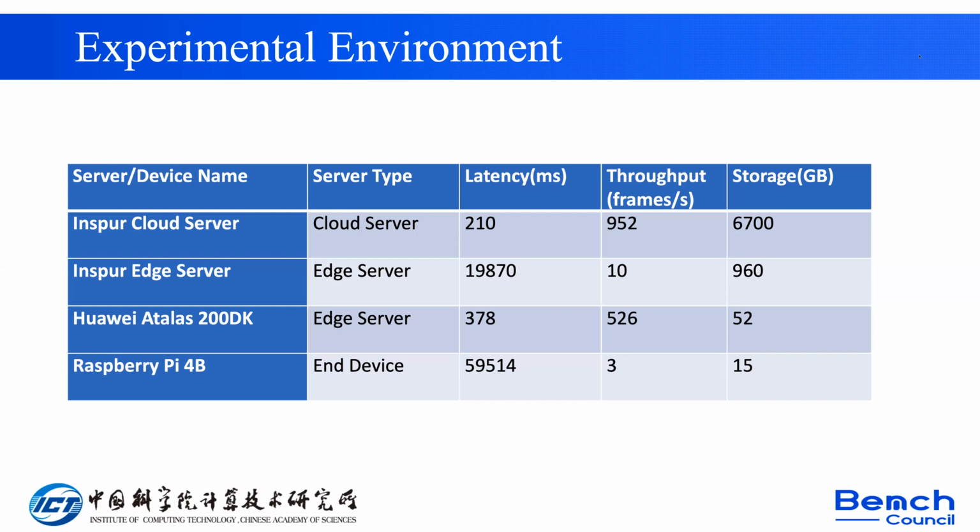We use an AI-oriented Inspire cloud server as the cloud server, and an Inspire edge server as the edge server without AI chips. And we choose Huawei Atlas 200DK as the edge server with AI chips. For user end devices, we choose Raspberry Pi 4B. This table shows their information.